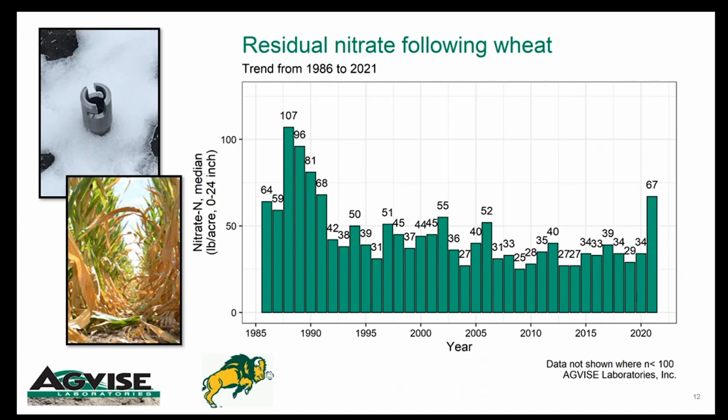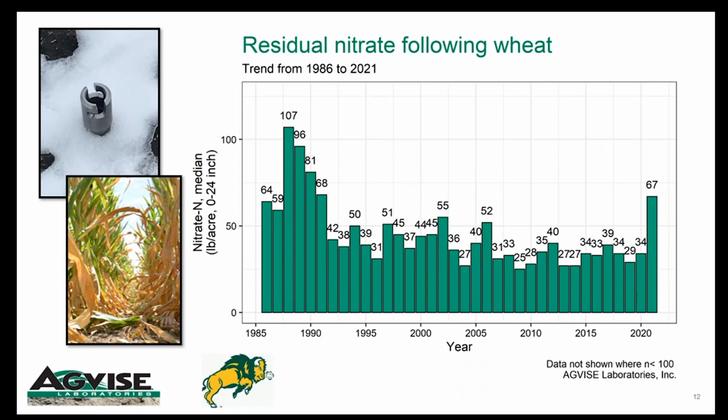This is some data that's out of Ag Vice Laboratories. We have this thing in North Dakota, in case you're not aware, called winter, and it's real winter. Our soils freeze, and when our soils freeze, nitrogen cannot move through them. We also have another thing in North Dakota called drought. 2021 is not that far away in my mind, and even late last fall is not that far away in my mind. When we have dry soils, nitrogen does not move through the soil.